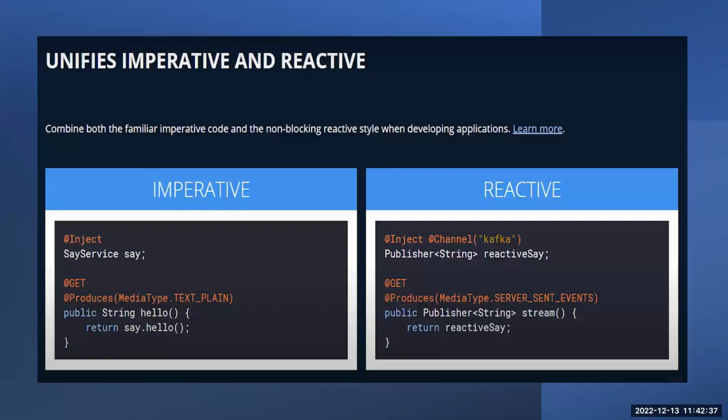Now, Quarkus helps us with both imperative and reactive programming approaches. So what is the imperative programming approach? In imperative programming, the code is executed based on statements. They are written in an order that details every single step the program has to do before the task can be completed.